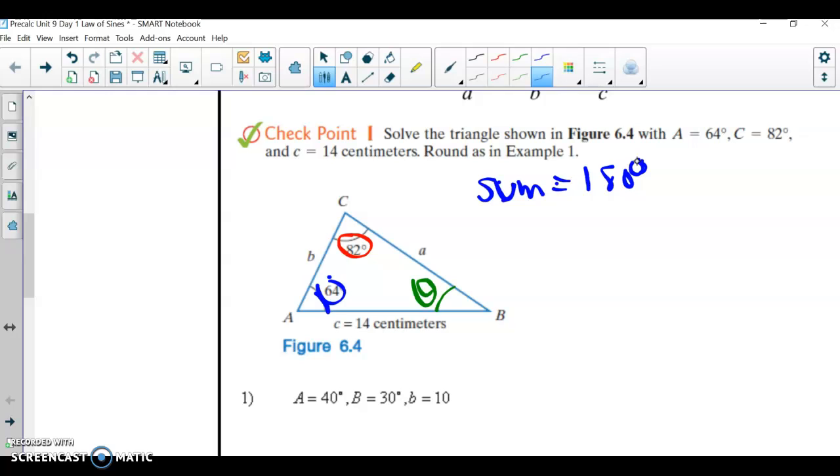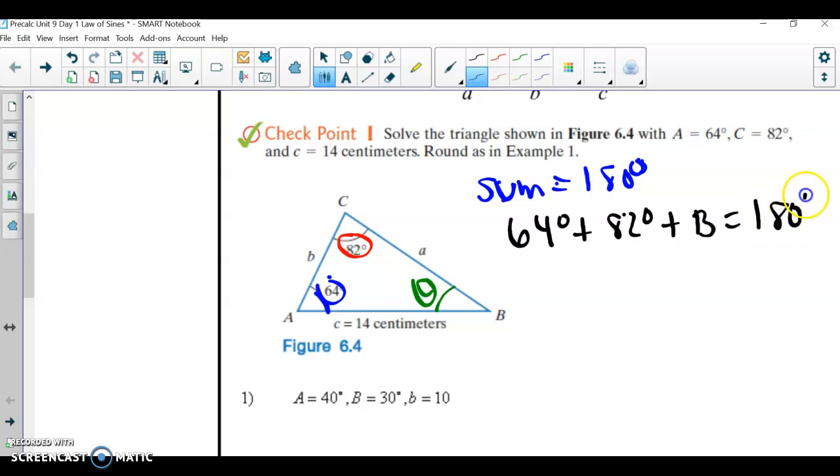So if I know that angle A measures 64 degrees plus angle C is 82 degrees, I don't know the big B, the angle measurement, but I know that it is a total of 180 degrees. Okay? And so we end up with 64 plus 82, that's 146 degrees.